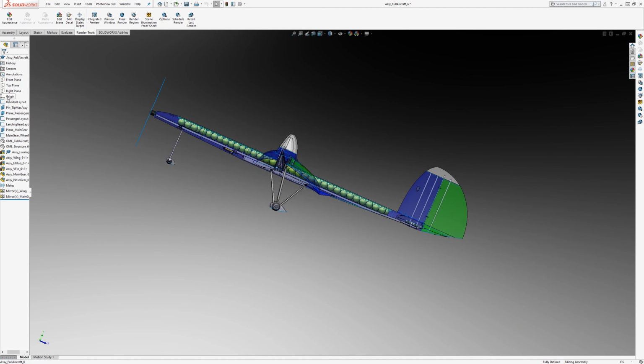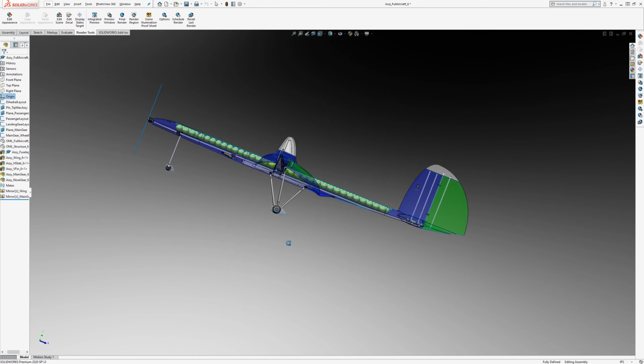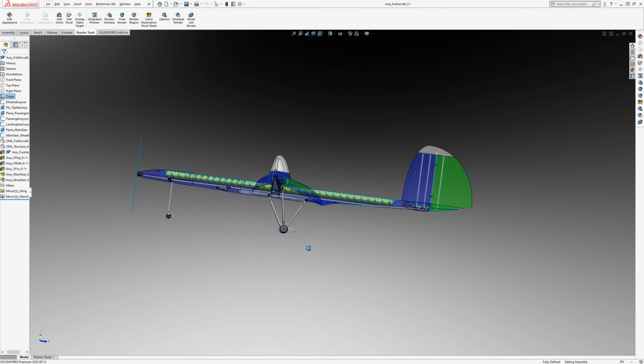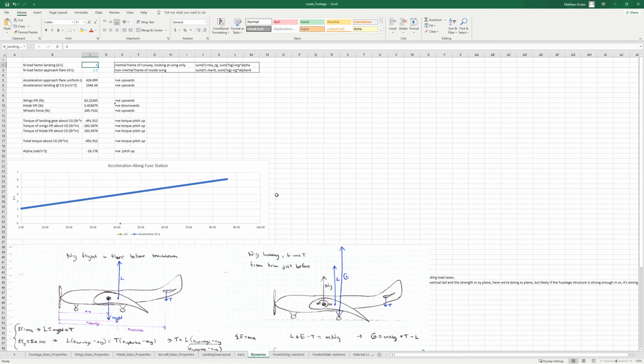If we look at the origin, we'd have to be pitching like that for the reaction to go right through the origin. And in reality, we're probably pitching something like this. But it's not going to change that much on your analysis, for how much it simplifies it, if you want to do that as a first go of the loads calculations.